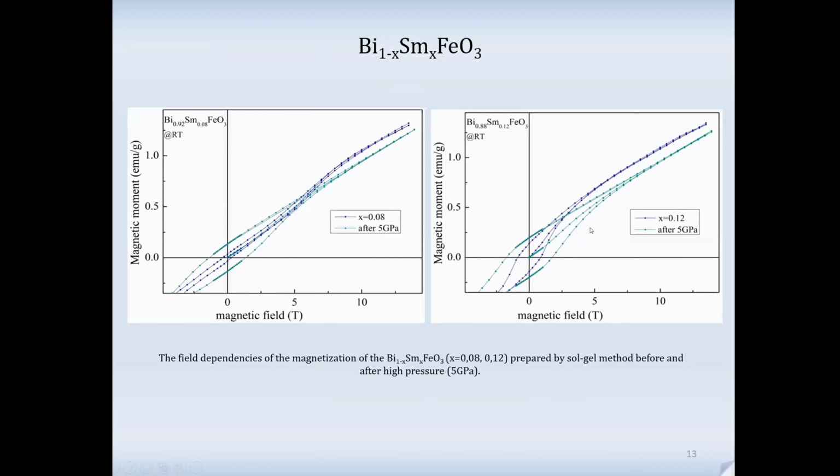The same story holds for other compounds. We didn't check all the compounds we prepared up to now, it takes time. But looking at this data, we can say that most probably we change at least the magnetic structure. I'm not sure about the crystal structure, but for these compounds, which are considered to be rhombohedral, we change at least the magnetic structure. Why? That's the question.